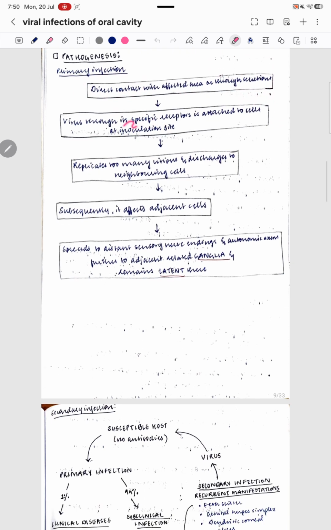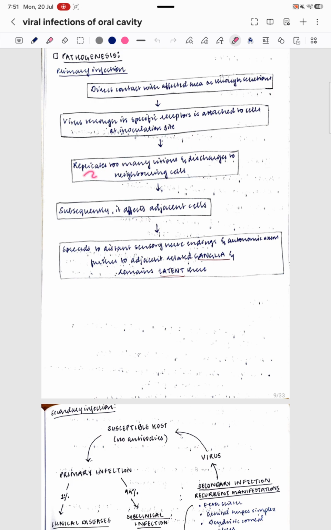Now the virus, through its specific receptors, attaches to the cells at the inoculation site. Okay, then it replicates into many daughter viruses and discharges to neighboring cells.